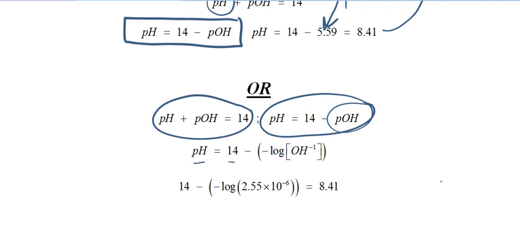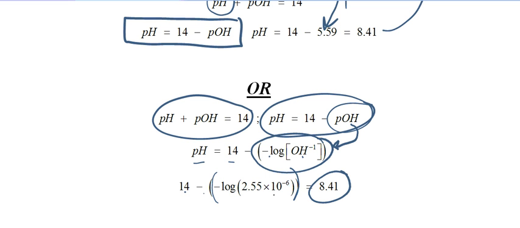I mean, we can find the negative log of the hydroxide concentration. This is my pOH right there. So I just take 14 minus, in parentheses, the negative log of 2.55 times 10 to the negative 6, and I get my answer. Again, I don't care how you get your answer, just as long as you're showing me your steps and your process.